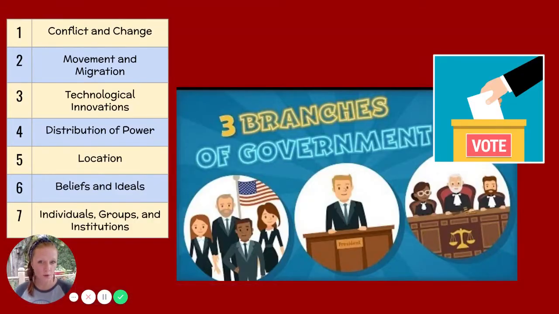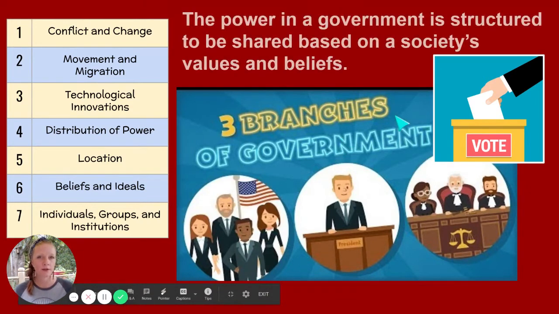All right, here's our last one. We have an image that shows the 3 branches of government. This might be a review for you from 3rd grade. And if you haven't gotten to that yet in 3rd grade, then we'll make sure we revisit it this year. And then you have an individual casting their vote. All right, here's your text clue.